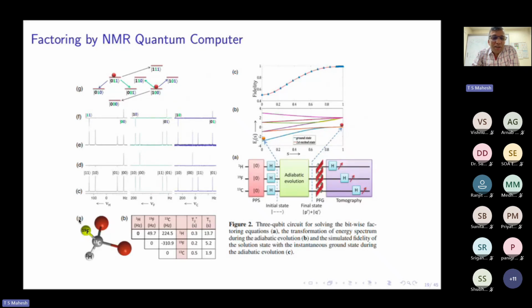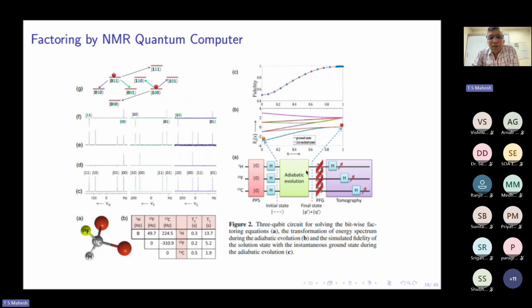and once you reach the final Hamiltonian, you measure. Now here are the results of the NMR experiments. As you can see, the initial state has all these spectral lines, and now 0, 0, 0. Once you prepare this 0, 0, 0 state, you can see that there are 3 transitions, and they correspond to the 0, 0, 0 state.